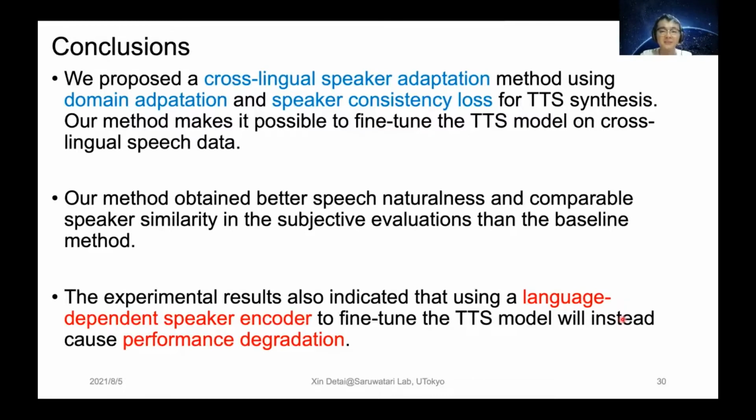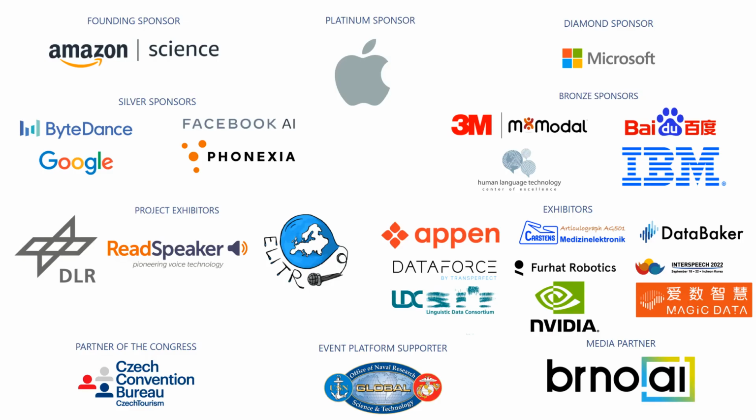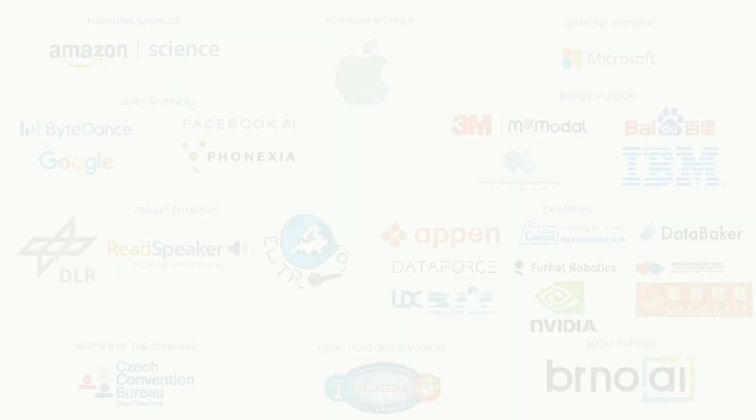Our method obtained better speech naturalness and comparable speaker similarity in the subjective evaluations than the baseline method. The experimental results also indicated that using a language-dependent speaker encoder to fine-tune the TTS model will instead cause performance degradation. That's all. Thank you for your attention.